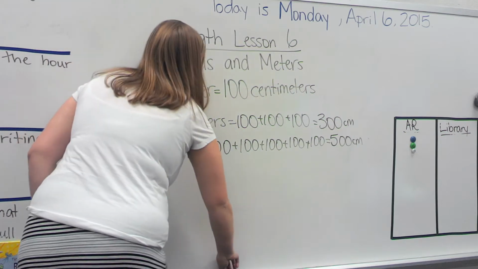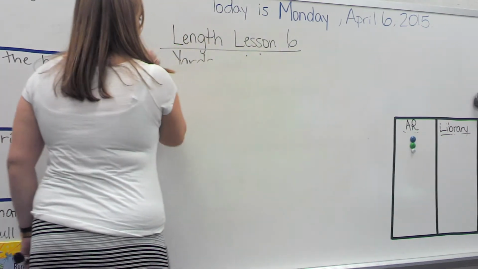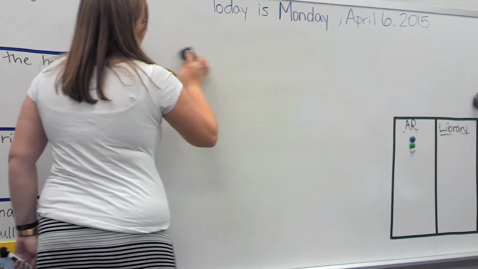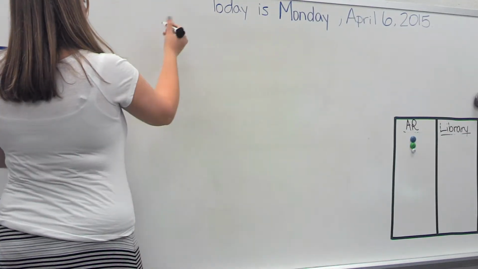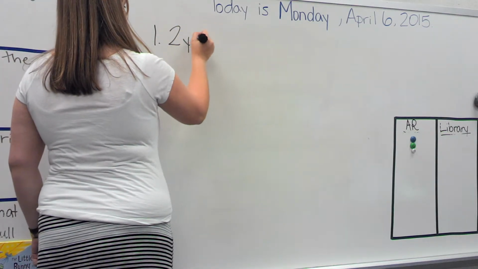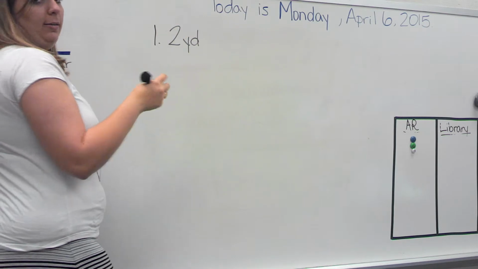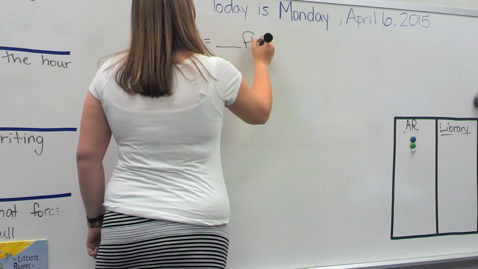So for your homework, I want you to turn these yards into feet and these meters into centimeters. Number 1, I want you to do 2 yards. YD is the abbreviation for yards. 2 yards is equal to blank feet.